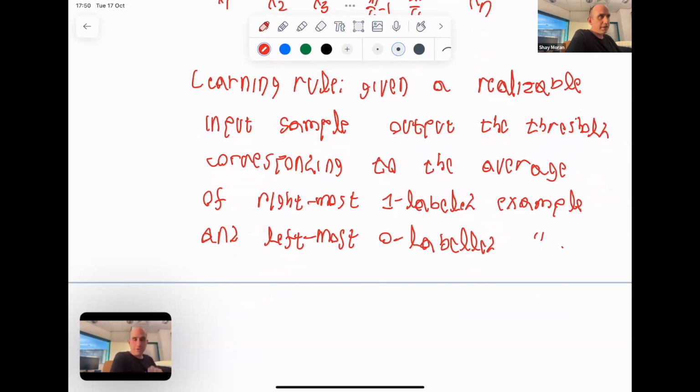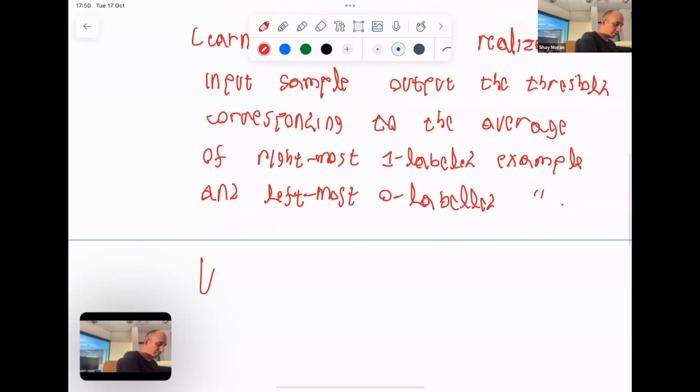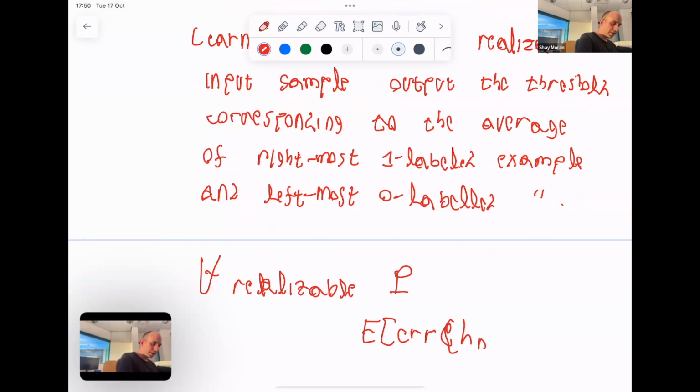Now I'll ask you a harder question. I claim that this learning rule satisfies the following: for every realizable distribution P, the expected error of H_n is at most 2 over n plus 1.